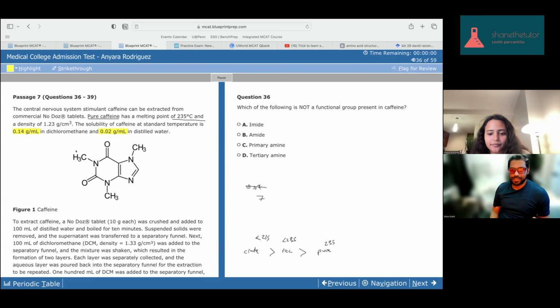All right, so here we go. Question 36, exactly what you would expect, because they love asking questions about what functional groups you see. So how do you do this?